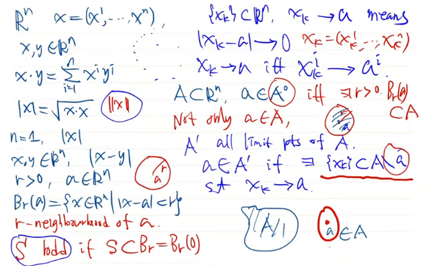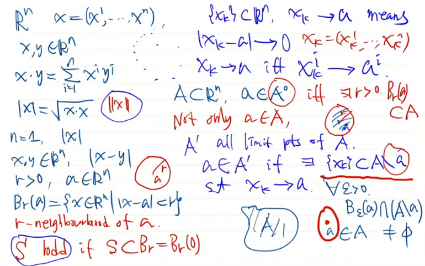So limit point is equivalent to saying that for any epsilon positive, the intersection of the epsilon neighborhood of a, which is the set of A but removing the point small a, is not empty.